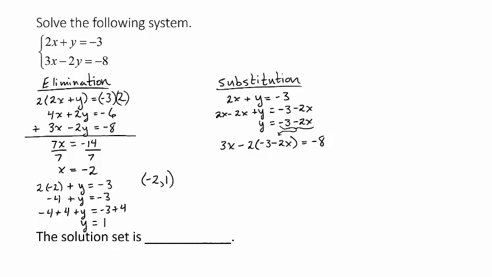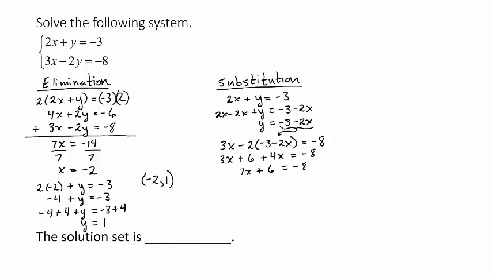Okay, and what that did is it gives an equation just in terms of x, right? So I want to get rid of the parentheses. That's the first thing. I'm going to distribute -2 through. -2 times -3 is +6. Negative 2 times negative 2x is positive 4x, equal to negative 8. Okay? Combining like terms, 3x and 4x is 7x plus 6 equal to negative 8.